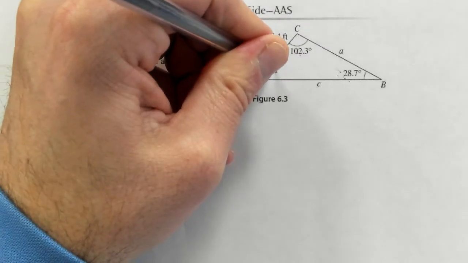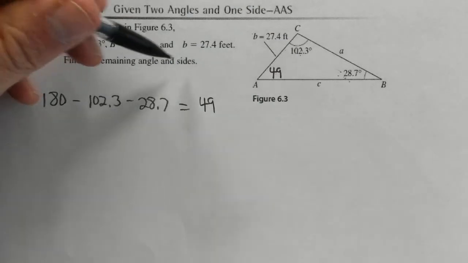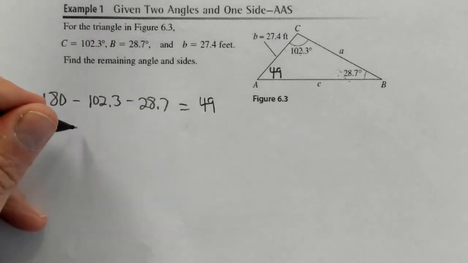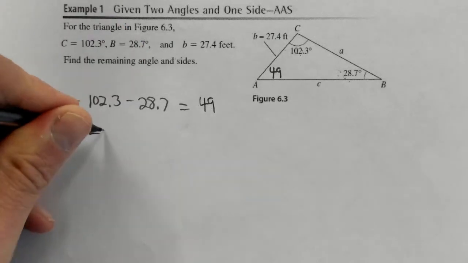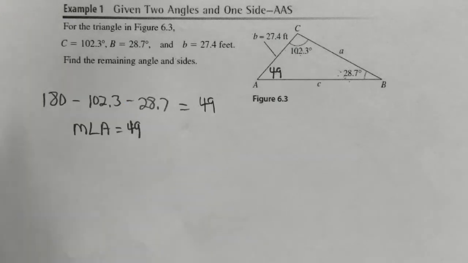So we can get that third angle as 49 degrees. Now they all three add up to 180, and we need to find the remaining sides. So the measure of angle A equals 49. We got that part.